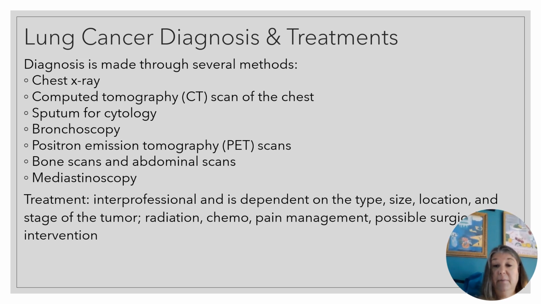And then of course there may be surgeries, right? We may go in, they can actually remove an entire lobe of the lung, believe it or not. Pneumonectomy is actually a removal of the entire lung. Okay, so that's got to come with some things though. A wedge resection is when you take part of a lobe.